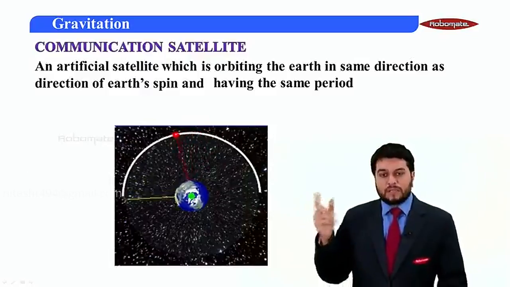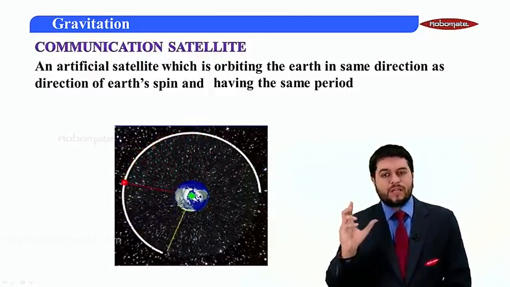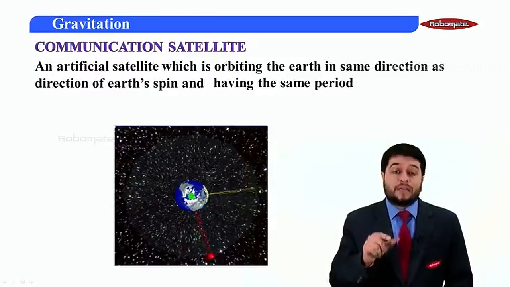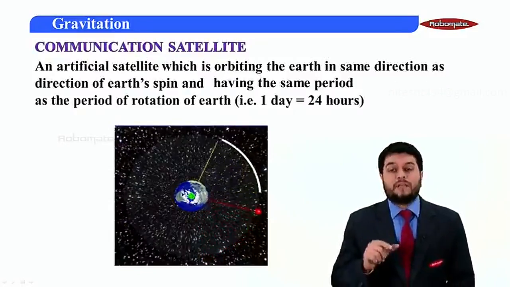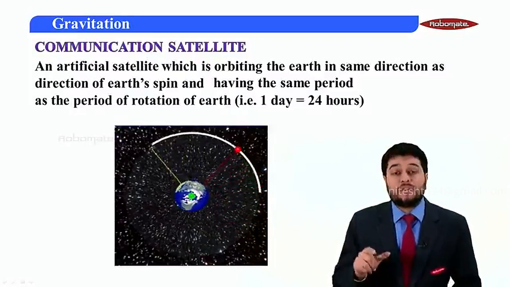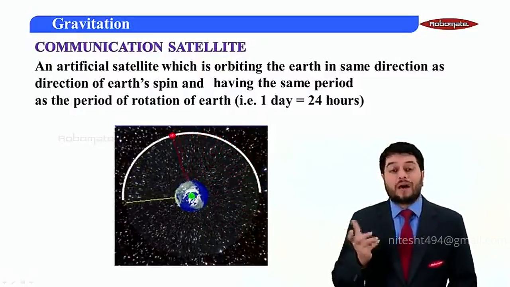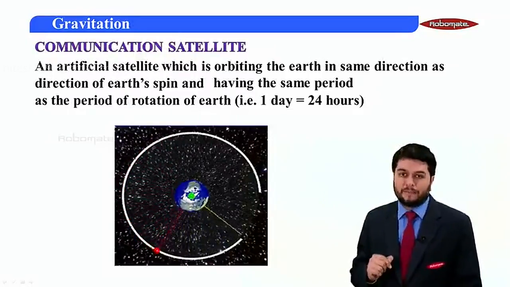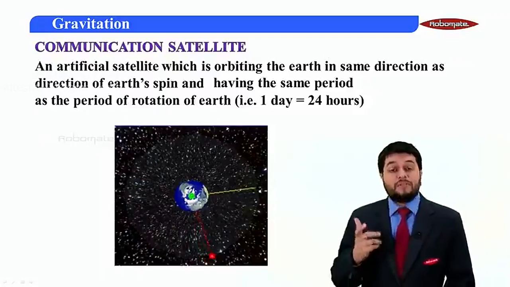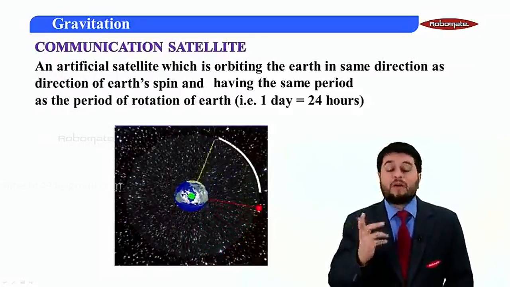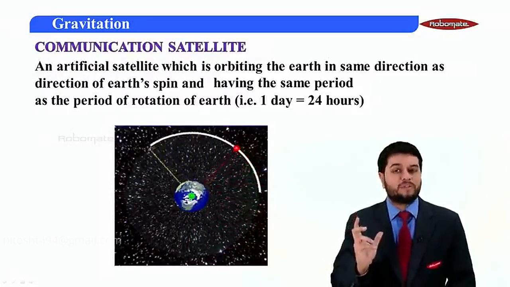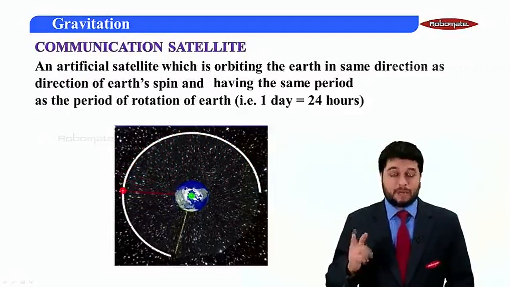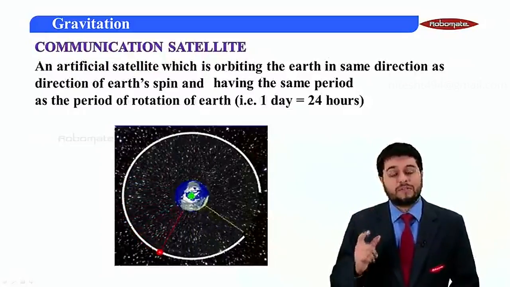You can see the satellite is moving in the same orientation as that of the Earth's spin, and it has the same time period as the period of rotation of the Earth, that is 24 hours or 1 day. So that's nothing but called a communication satellite. An artificial satellite which is moving in the same orientation as that of the Earth's rotation and having a time period same as that of Earth around its own axis, that is 24 hours or 1 day.